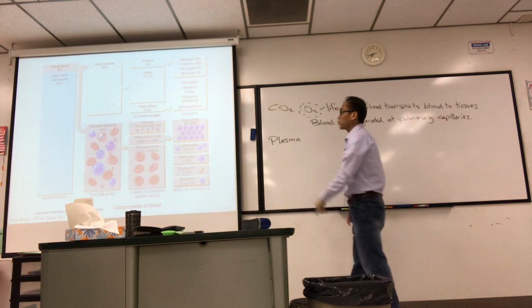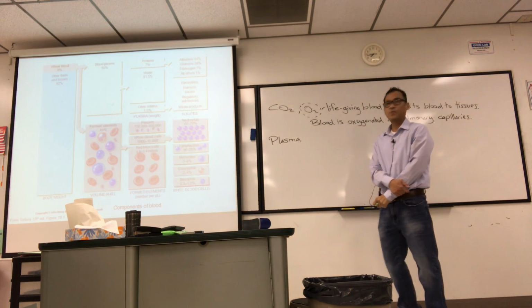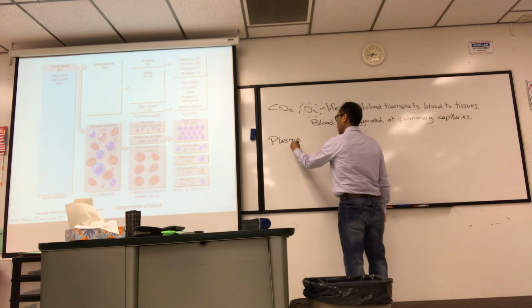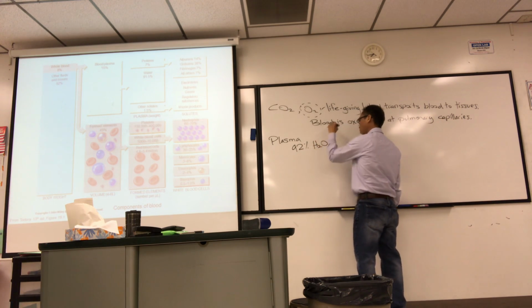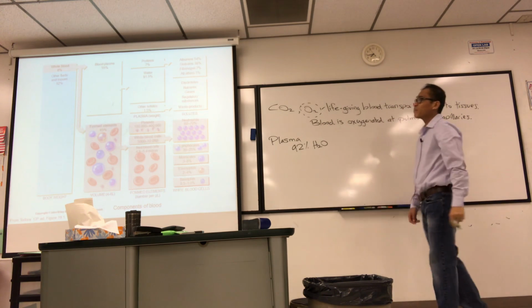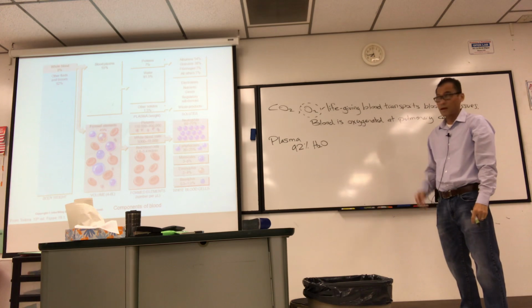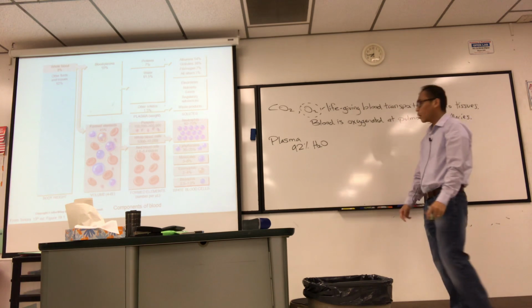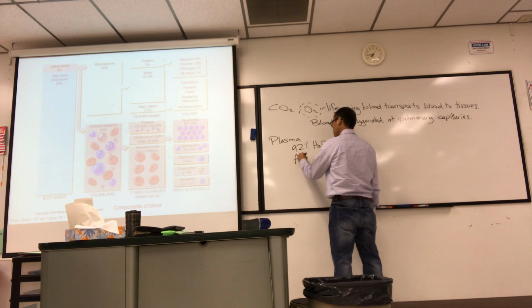And so, what we learned is that the blood plasma, if you just look at the numbers, is mostly water. It's like 92% water, H2O. Now, there are some other things in the blood, some proteins that are soluble in the plasma that are worth mentioning.